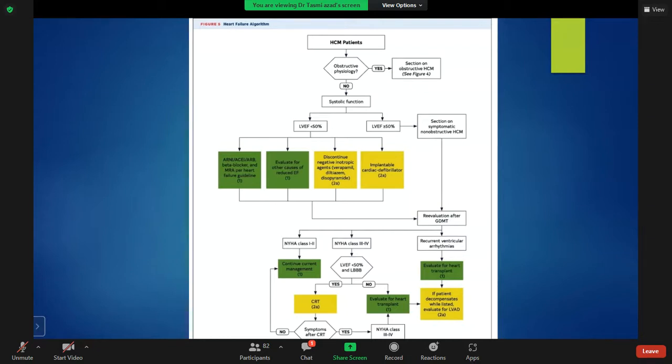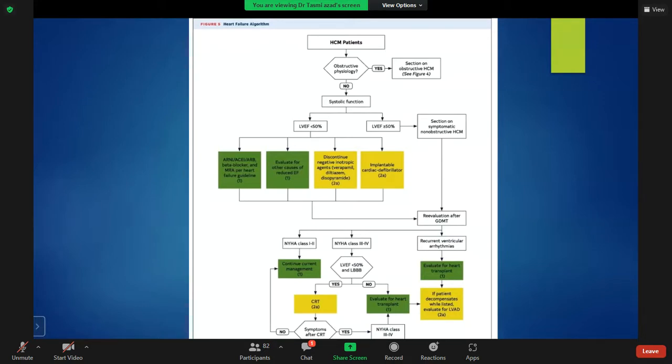If no, then we'll go for ejection fraction. If ejection fraction is less than 50%, we'll go for some class 1 indications, that I already mentioned, that is chronic heart failure therapy like renin-angiotensin-aldosterone antagonist, or ARNI, or beta blocker, or all can be given, and evaluation is needed.